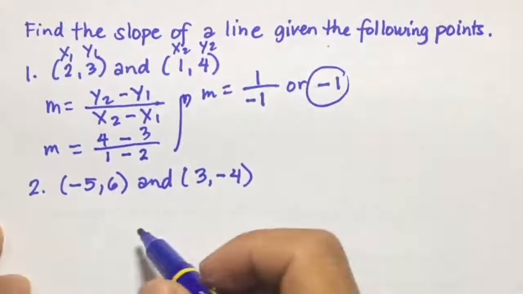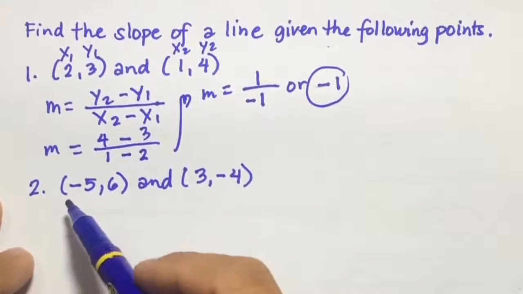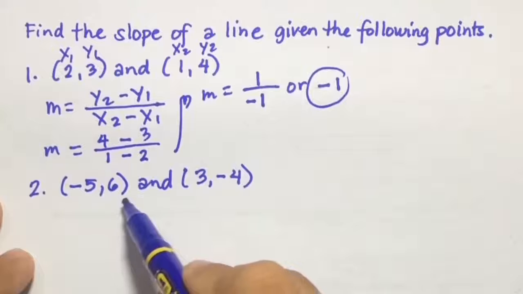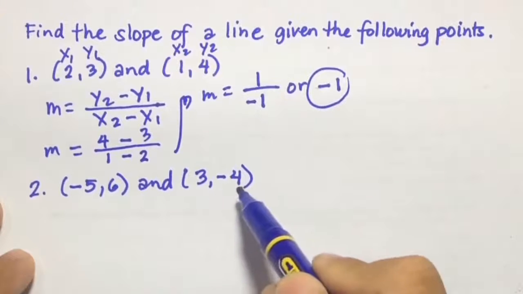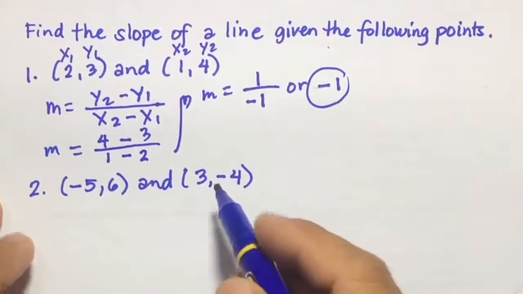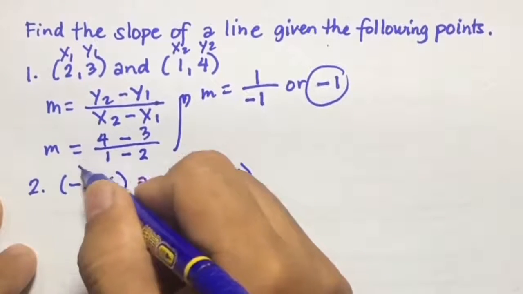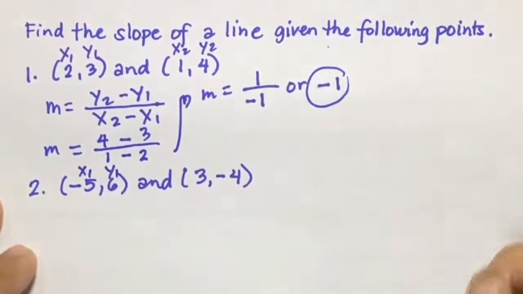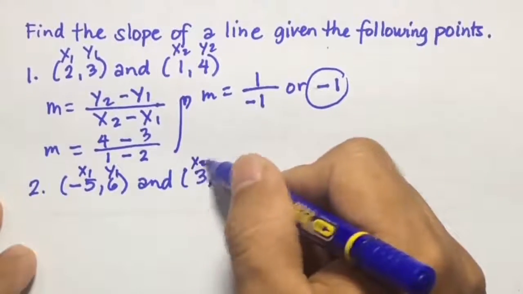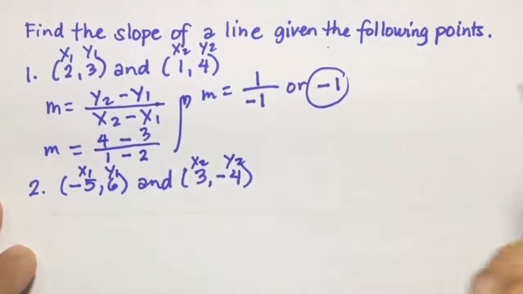Then number 2, the line passes through points (-5, 6) and (3, -4). So we're going to find the slope. So first, determine x sub 1. This is x sub 1, y sub 1. Then this will be x sub 2, y sub 2.